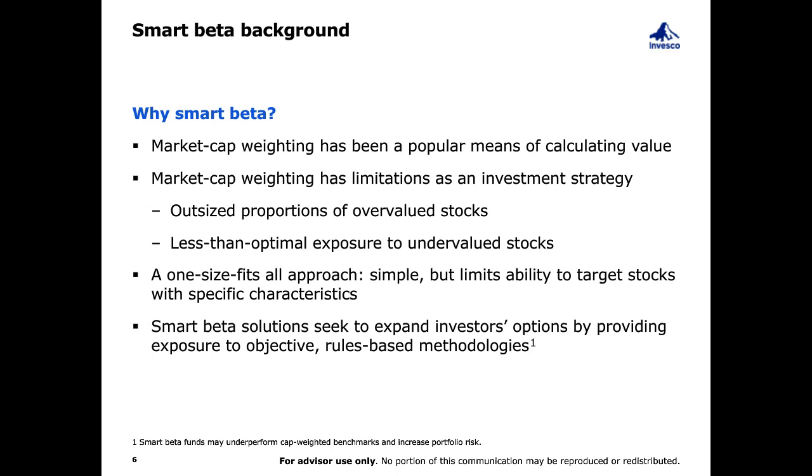Smart beta solutions seek to expand investors' options by providing exposure to objective, rules-based methodologies that harvest returns from specific investment factors or deliver broad market exposure through alternative weighting strategies.